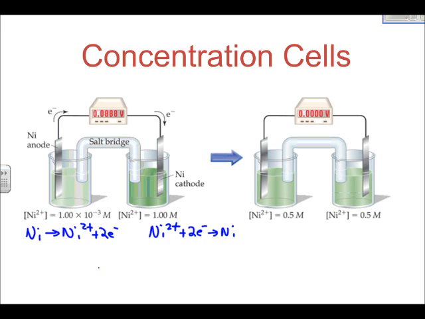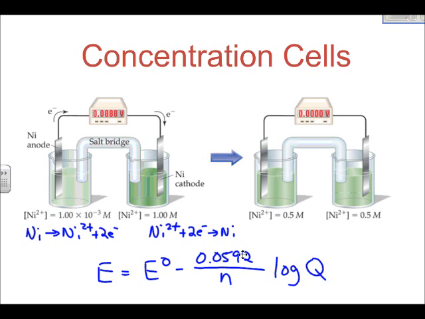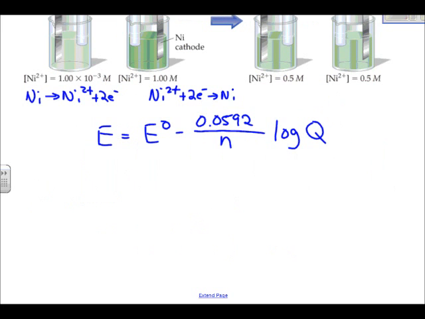Now, if we remember our formula from the last slide, we have the potential for the cell is equal to the standard potential minus 0.0592 divided by n times log of the reaction quotient, Q. All right, so let's see what these numbers look like.